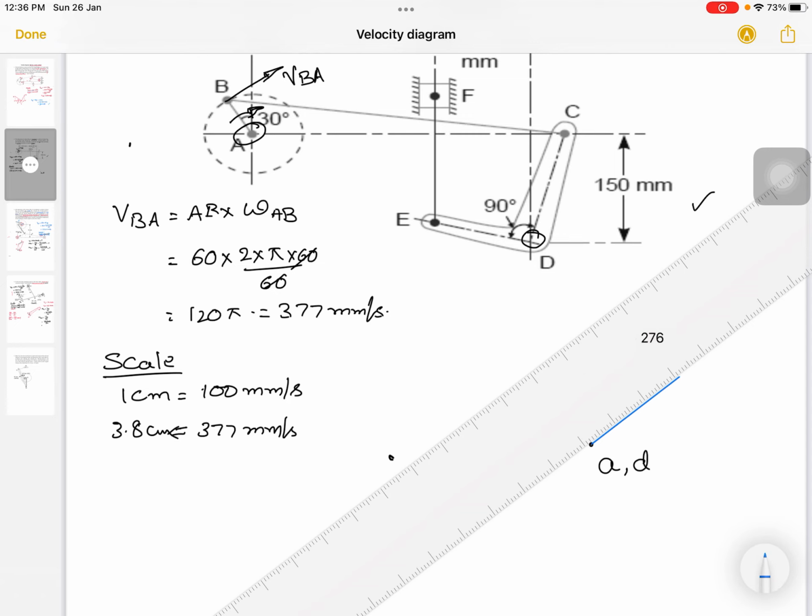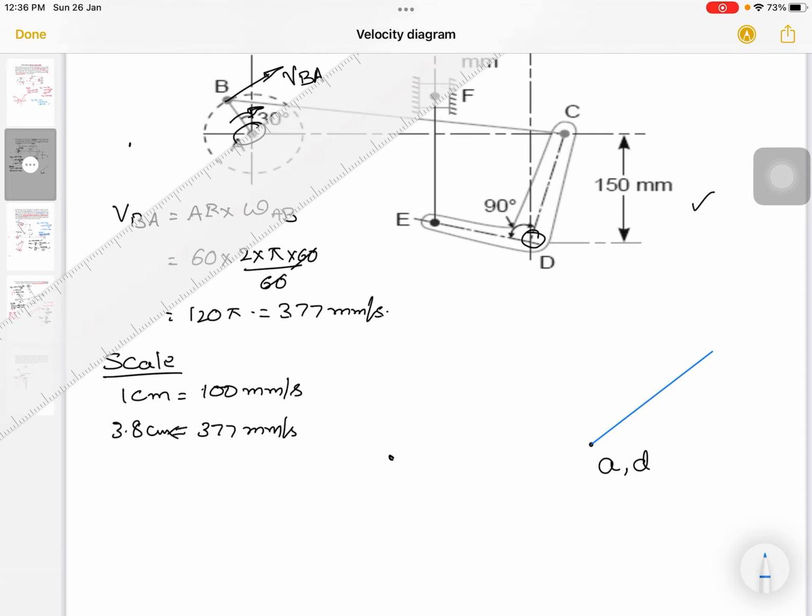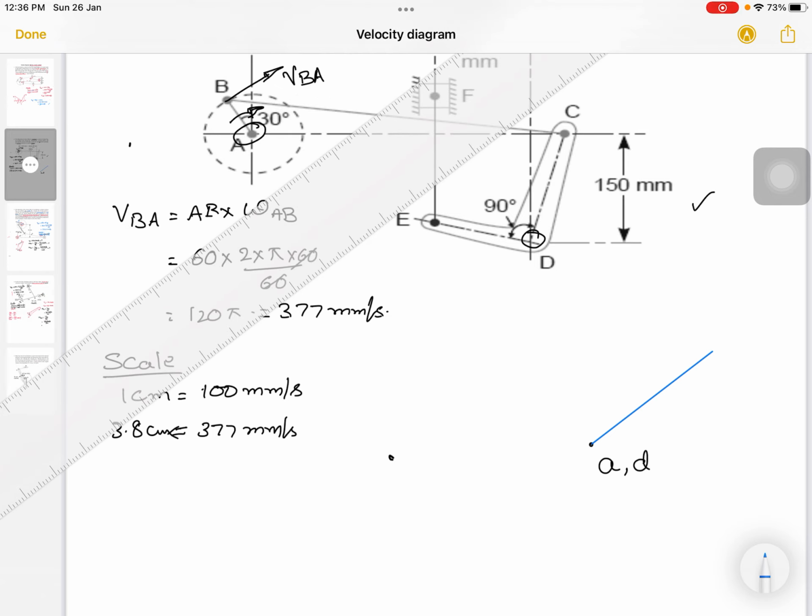This is perpendicular to AB and the length will be 3.8 centimeters. This point will be B.